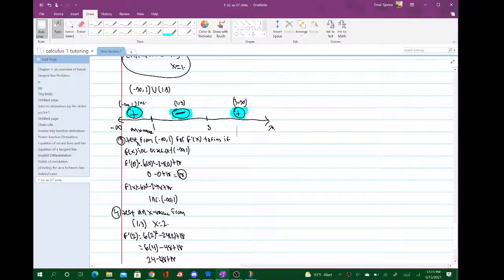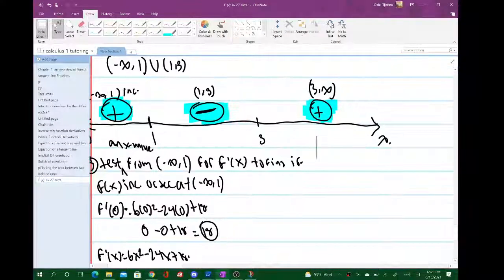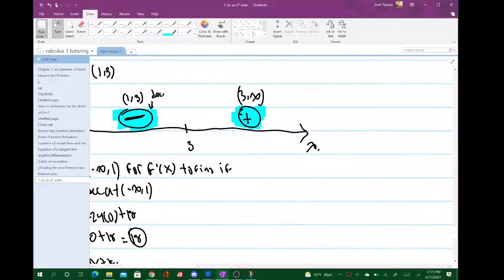Now, looking between these intervals here, we know that because here it is negative, this is decreasing. It is decreasing from 1 to 3. And then from 3 to infinity, it is increasing again.